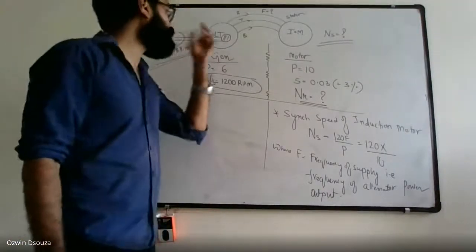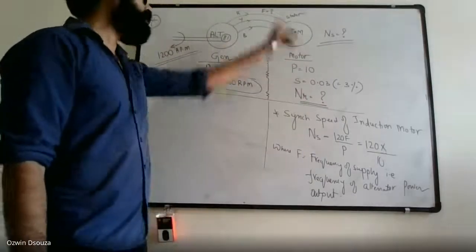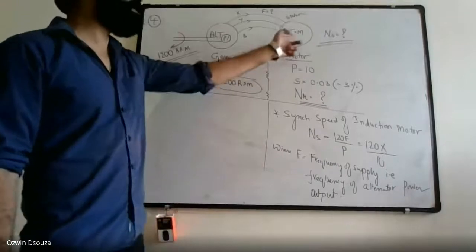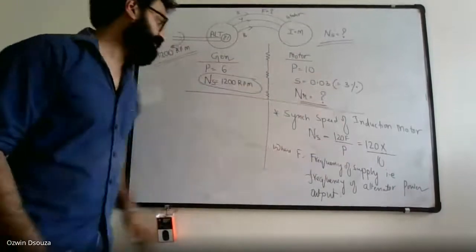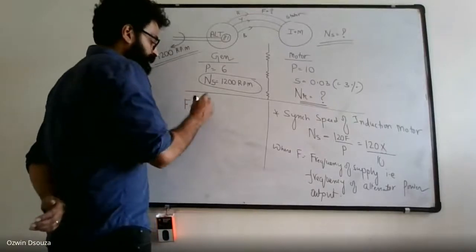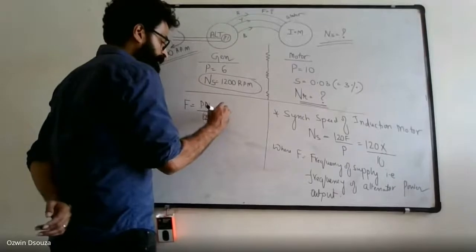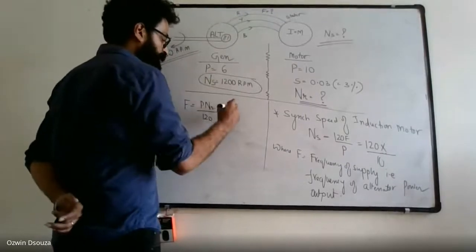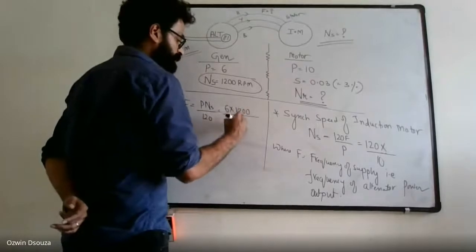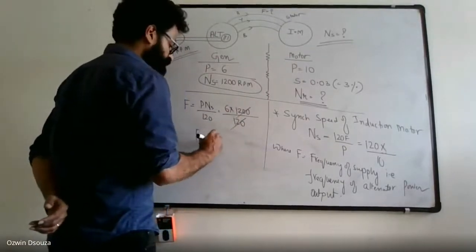Makes sense, right? Because the alternator supplies electricity to the induction motor. So if you can calculate the frequency of the induced EMF of the alternator, you will be able to find F. So F can be found from the alternator data. F is P into Ns divided by 120, or alternator poles are 6 into Ns is 1200 divided by 120. So F is equal to 60 hertz.